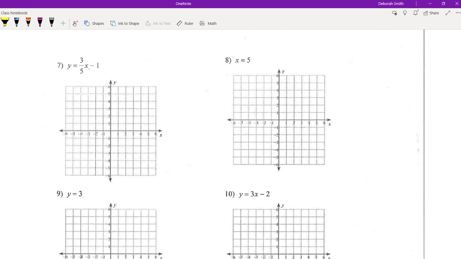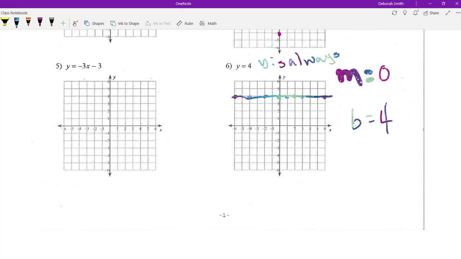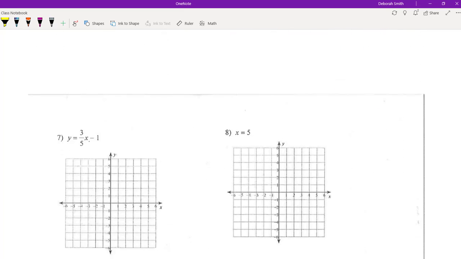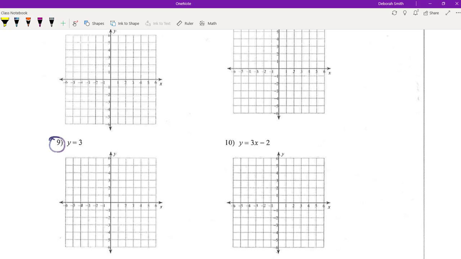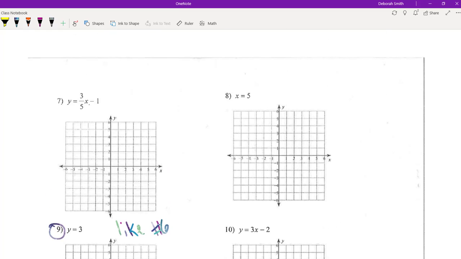Okay, number 9. Number 9 is like number 6. It's going through a different place, but it's like number 6. All right, number 8's a little bit different, so I'll show you that one.